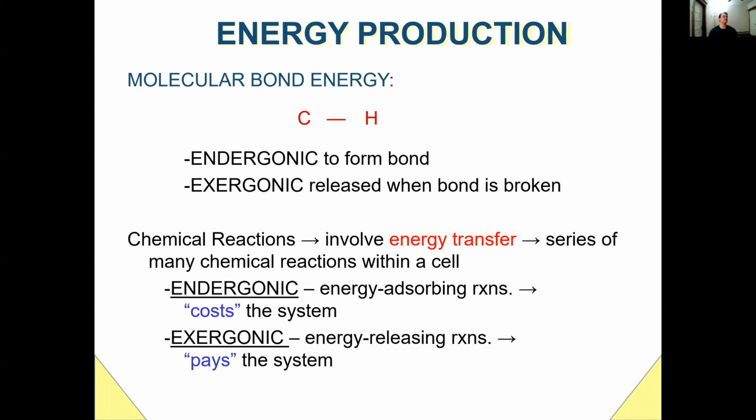Chemical reactions essentially involve the transfer of energy in a series of many chemical reactions within a cell, which can be endergonic, energy absorbing reactions. So essentially these are reactions that cost the system, or it can be exergonic reactions. These are energy releasing reactions. They pay the system.